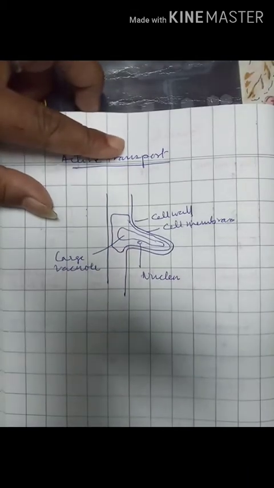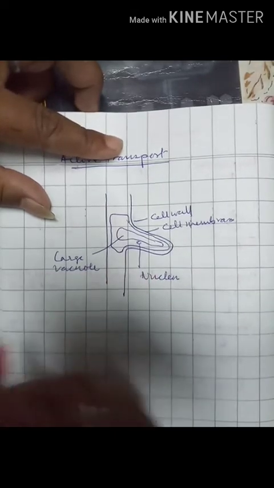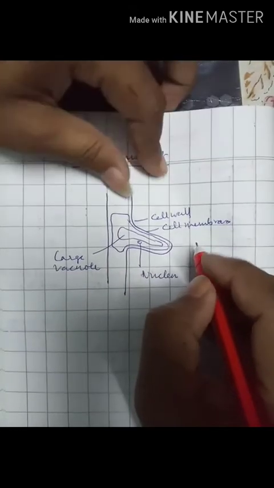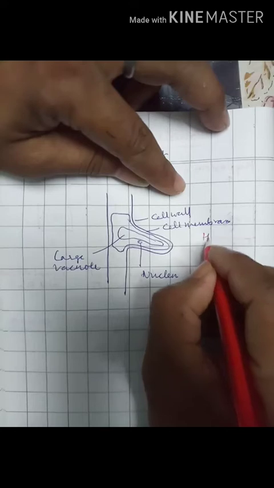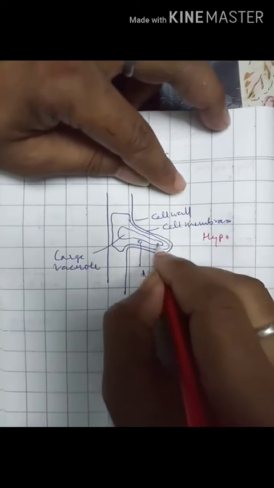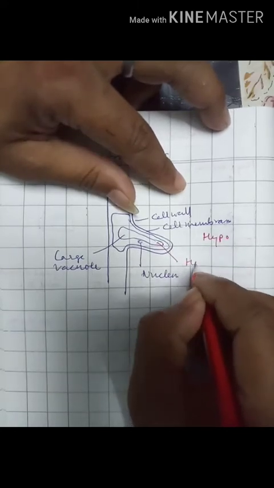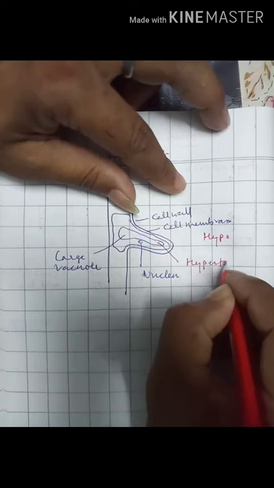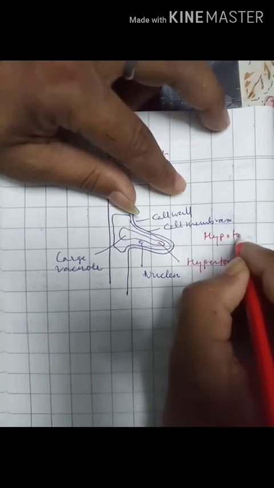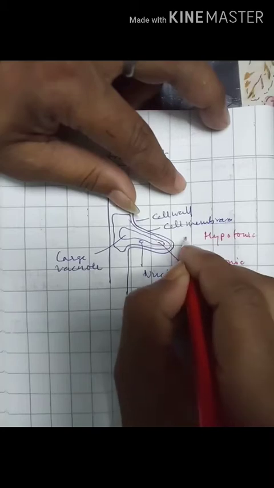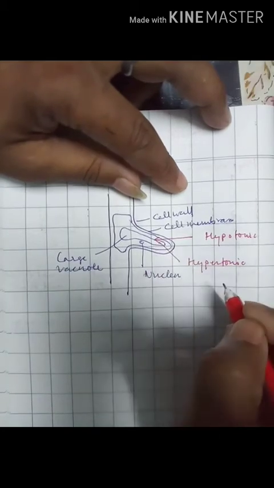Here the solution in the soil is hypotonic, and inside the root hair it is hypertonic. So endosmosis takes place.